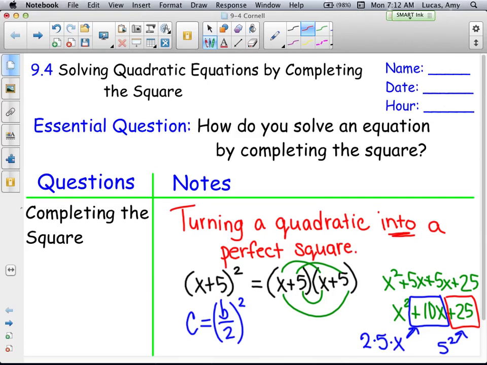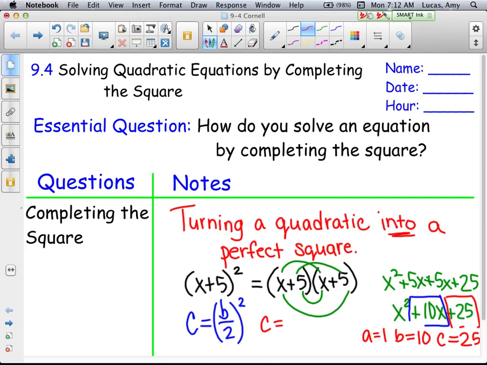If I try that out on the example that I just gave you, I have a value of a that is 1, b is 10, and c is 25. So we're going to check and see if this works.